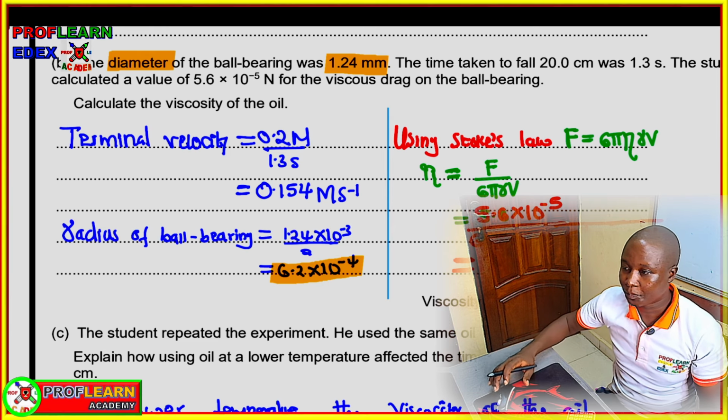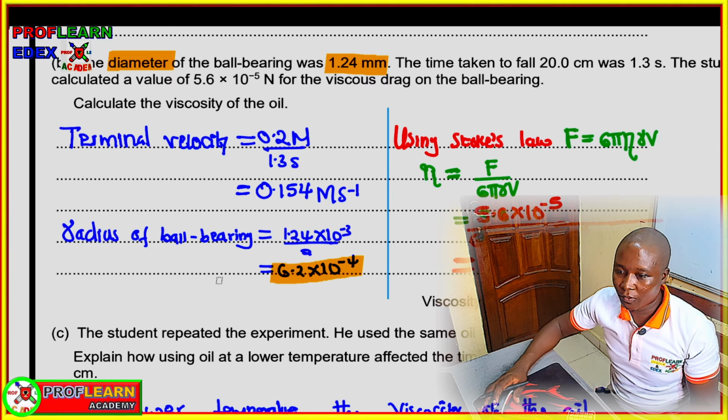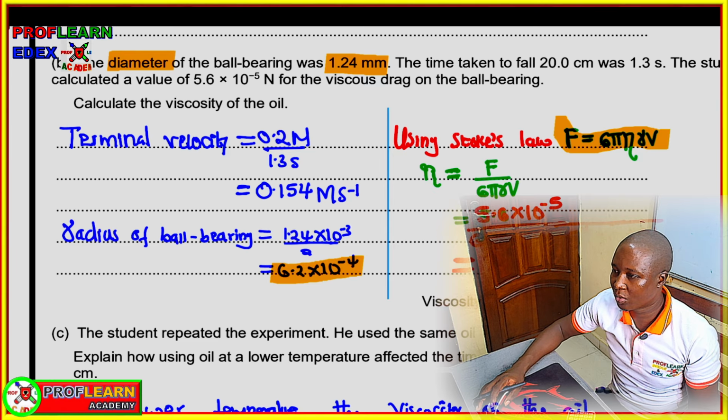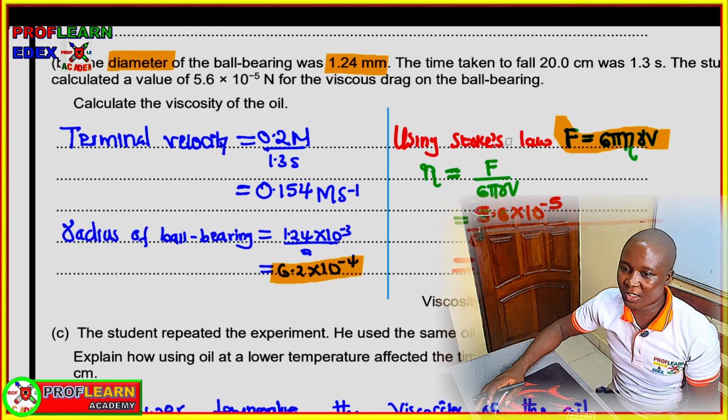Now, once you have gotten the radius, you can apply Stokes' law, and remember, drag force is equal to 6 pi times viscosity times the radius times the terminal velocity. But since we are calculating the viscosity of oil, we are going to make it the subject.